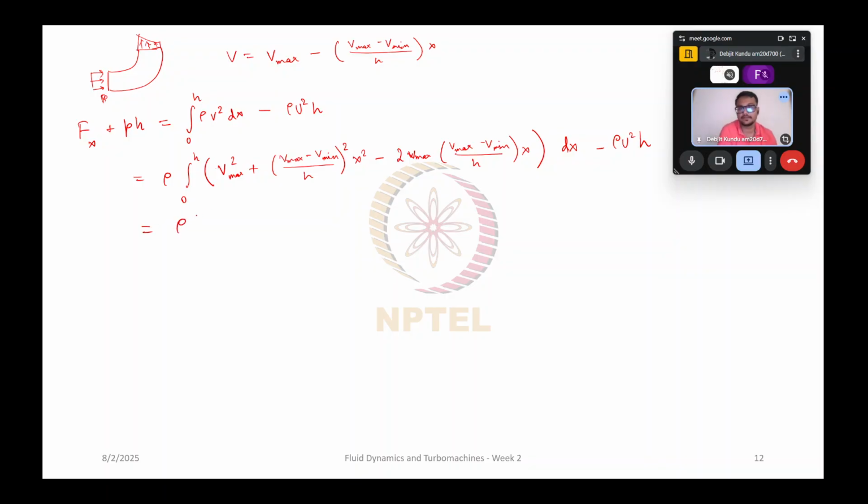So rho, then let's do the integral. So the first term is V max squared into x, and that would give me h plus rho. This is just a constant.